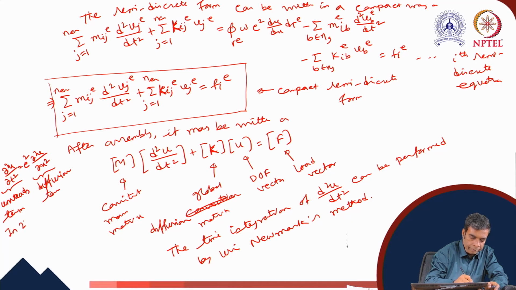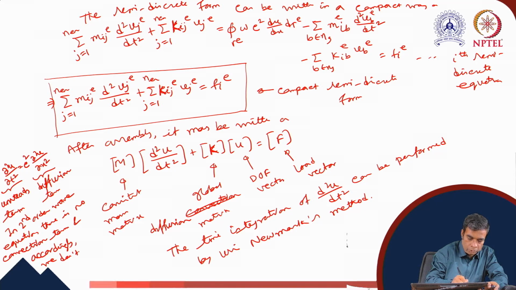In second order wave equation, there is no convection term and accordingly we don't have a convection matrix.